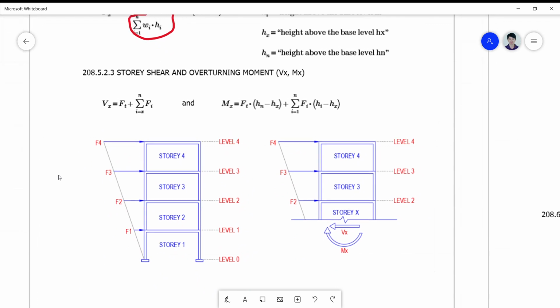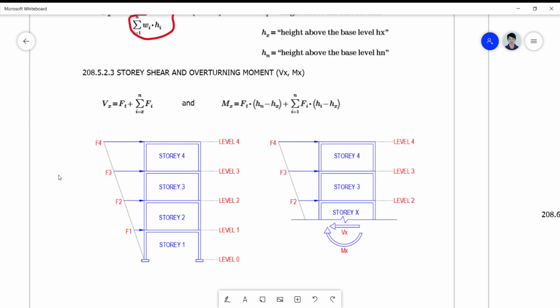Okay, so let us now extend our discussion on how these forces are distributed, again on the basis of story shear and story moment. We need to find a way to compute the story shear and the story moment so as to check overturning behavior later.